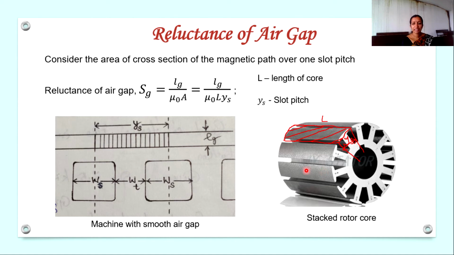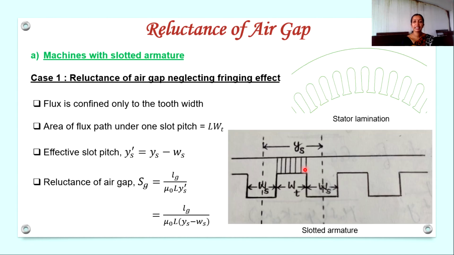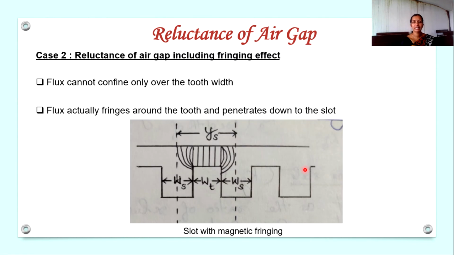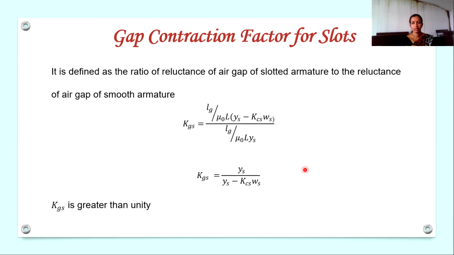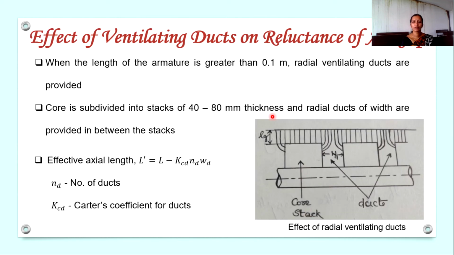Then again we will stack the laminations to some width, some thickness, and then again a spacer is provided. Laminations stack ചെയ്യുന്ന സമയത്ത് ഒരു 40 mm thicknessൽ stack ചെയ്ത ശേഷം ഒരു spacer provide ചെയ്യും, വീണ്ടും ഒരു 40 mm thicknessൽ stack ചെയ്യും, പിന്നെ spacer. So in between the laminations gaps are formed, and these gaps are known as radial ventilating ducts. Radial ventilating ducts also affect the reluctance of air gap.